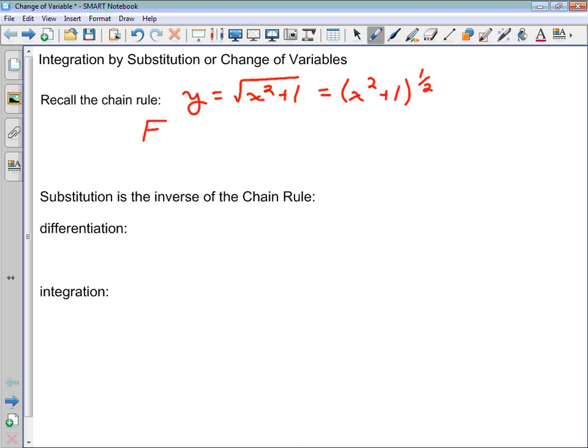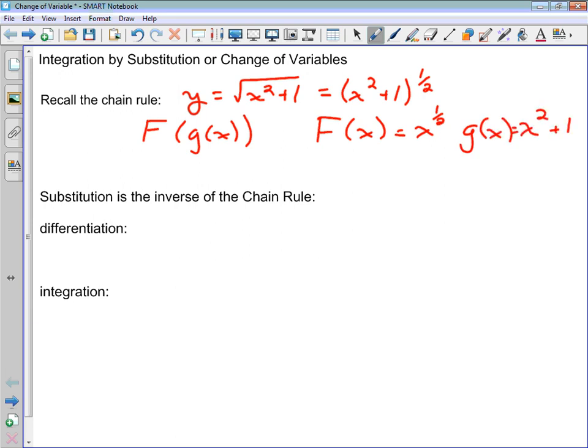Think of it as some outer function f of x and some inner function g of x. For this one here, our outer function f of x would be x to the 1/2, and our inner function would be the x squared plus 1 part. Okay?